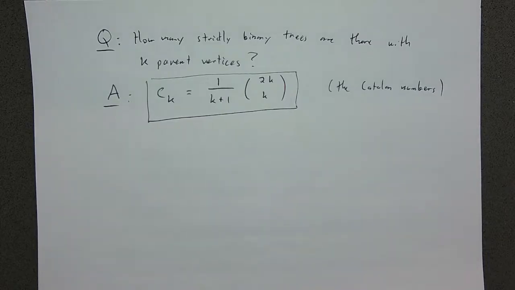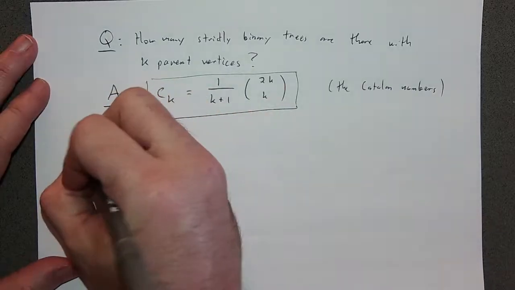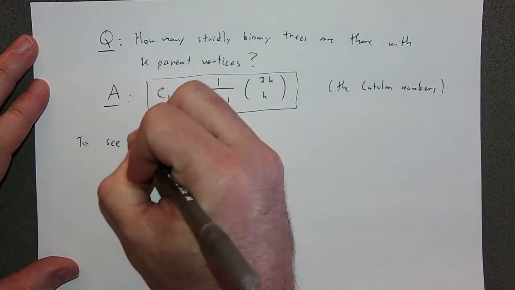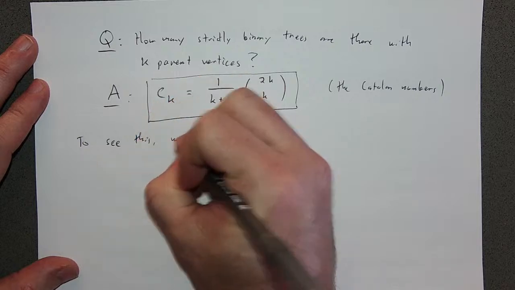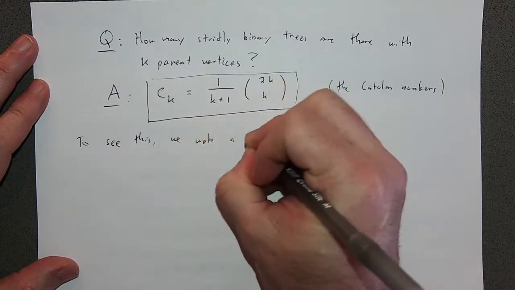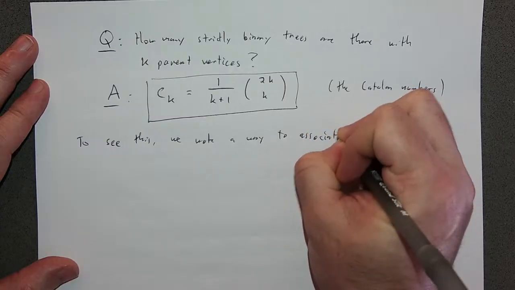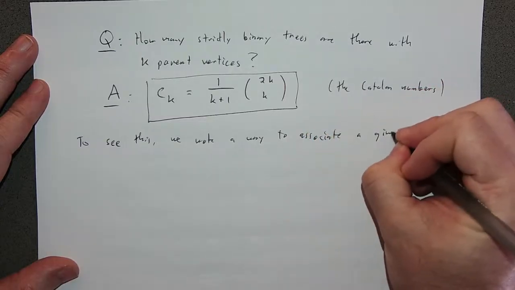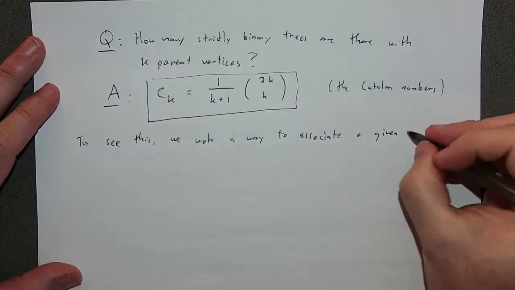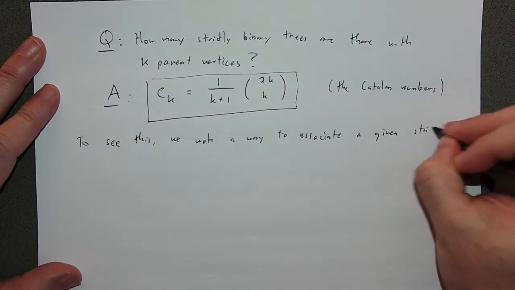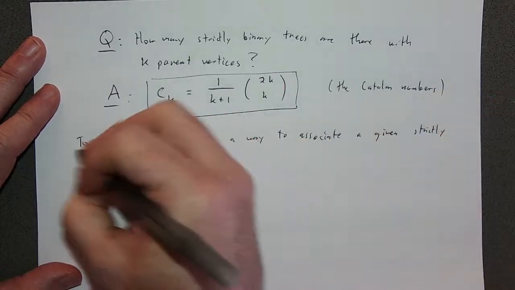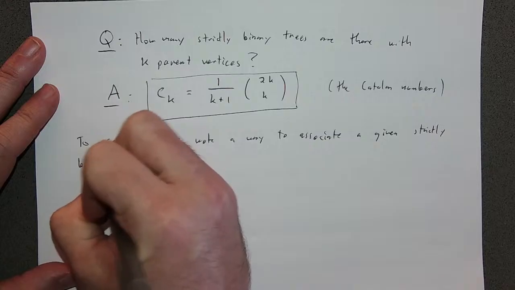So, to see this, we note a way to associate a given strictly binary tree.